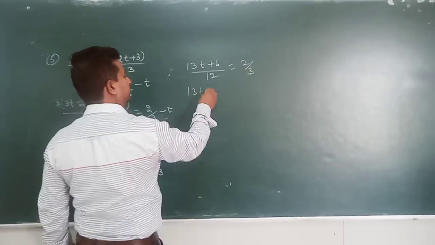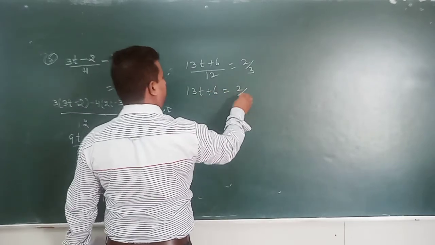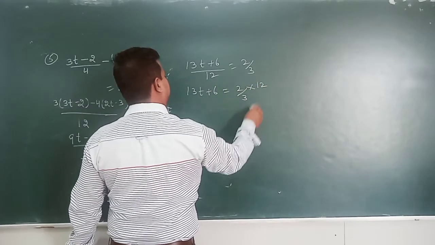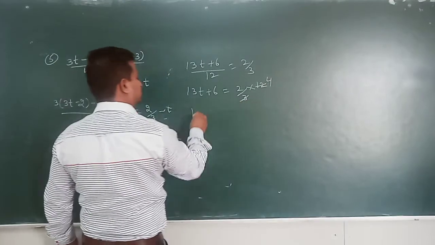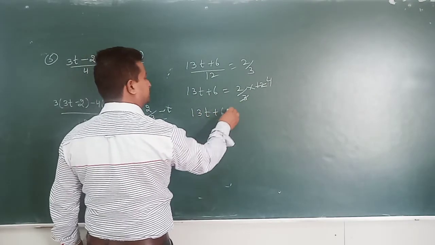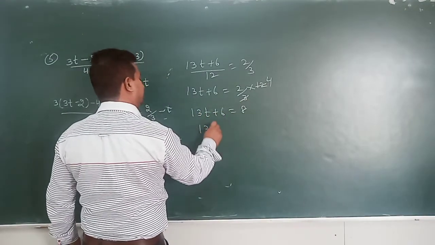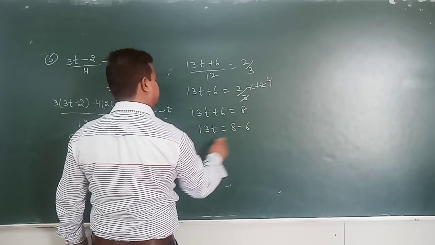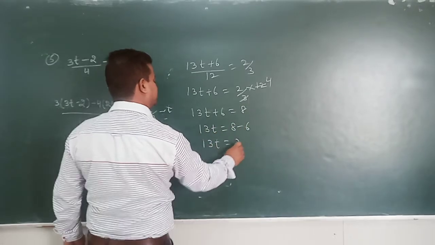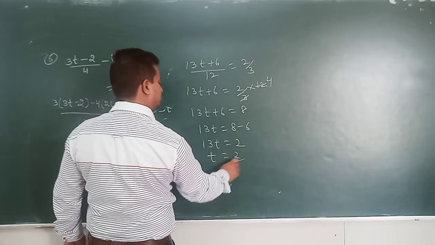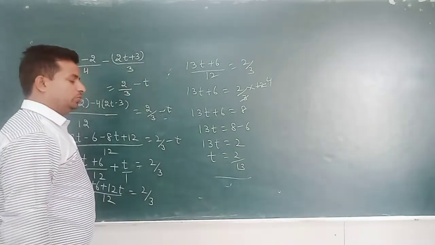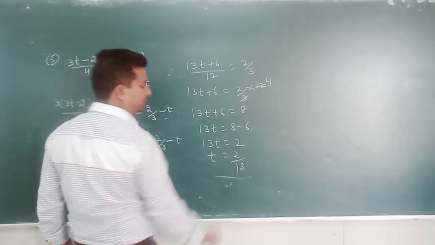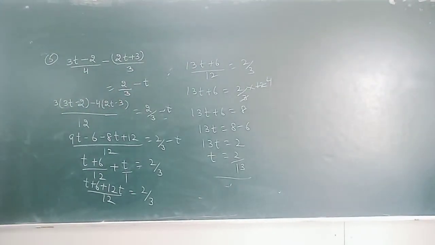So this is 13t plus 6 equals 2 by 3 multiplied by 12. This is 3, 4. So 13t plus 6 is 8. 13t is equal to 8 minus 6. 13t is equal to 2. Then t is 2 by 13. 2 by 13 is the value of t. This is the answer.